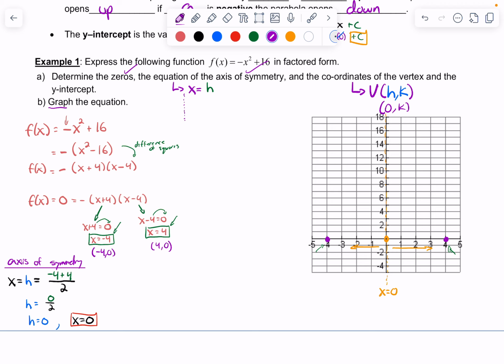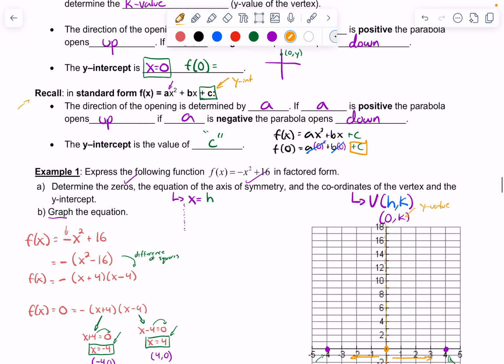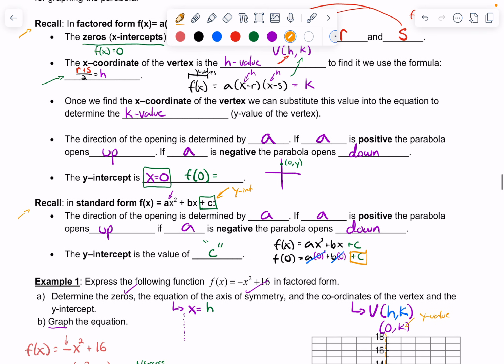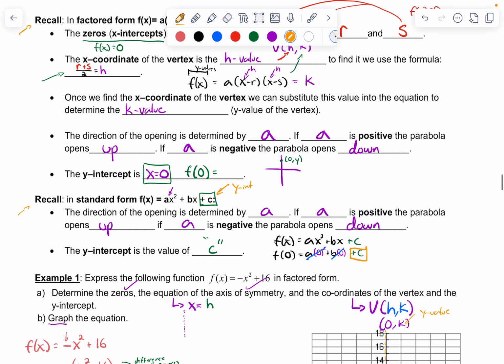And recall, k is a y value. And as we've talked up above, you find the k value by substituting in the x coordinate of the vertex, or the h value. So I can actually write in this note if you want to add this. This is when the function is evaluated at h.